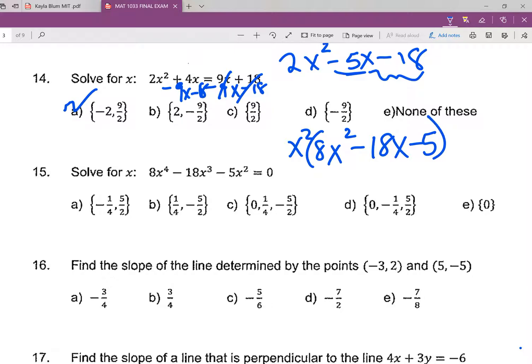Now I'm factoring this out, and I'm thinking to myself, what would give me an 8x squared and a negative 5 prime factor? So this one's a little tough. Let's see. If I focus on this part, the trinomial, leaving the x squared out here, I know that this has to be a 5 and a 1, guaranteed.